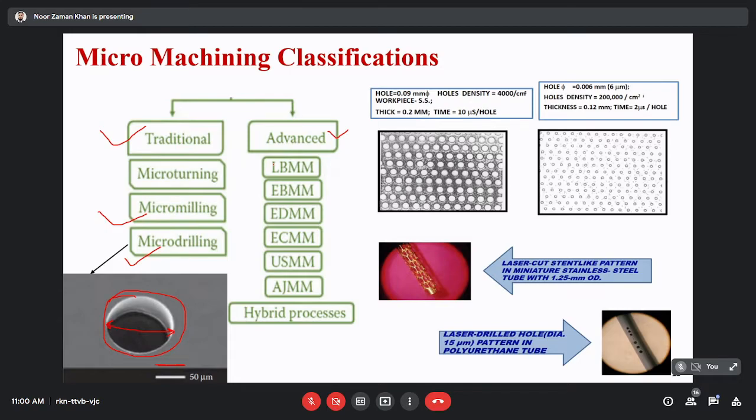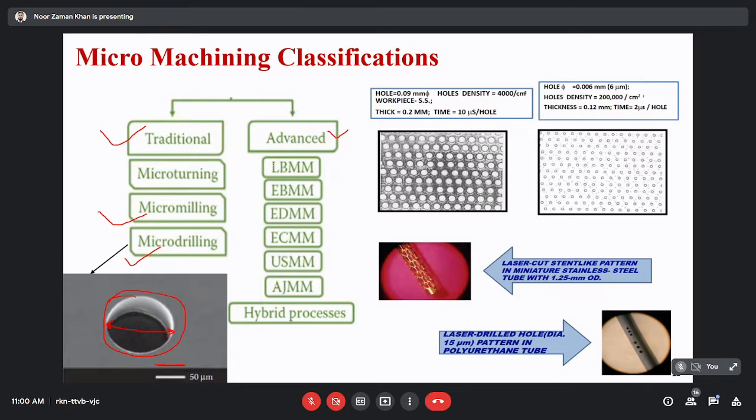So various advanced machining processes are available which can machine these materials economically, efficiently, and with high accuracy. Economical is very important. So we can use advanced micro machining processes economically to machine new materials which are very difficult to machine by traditional machining processes.